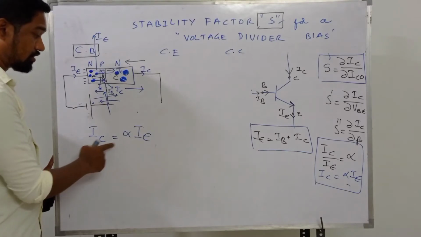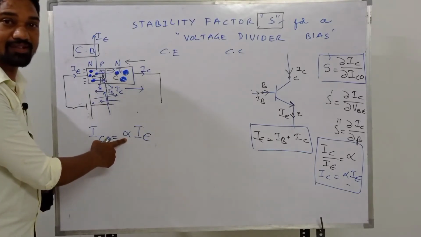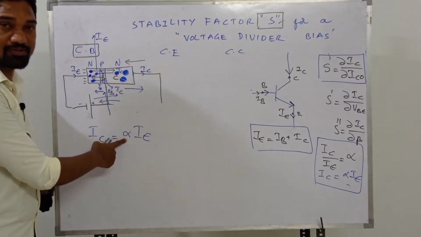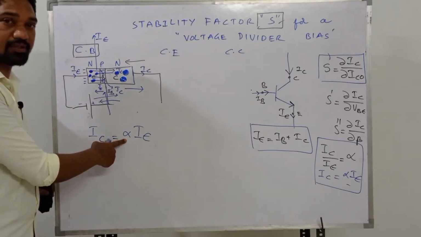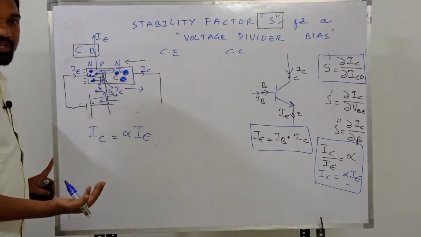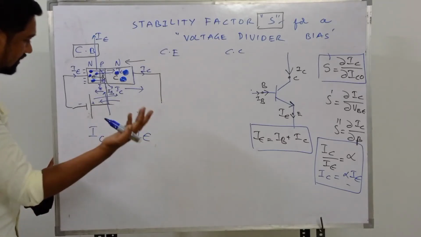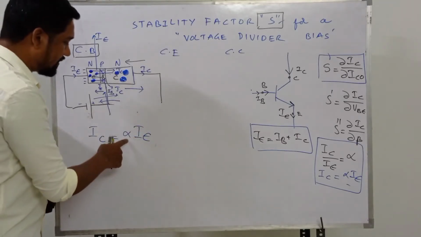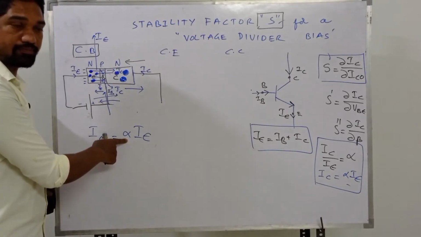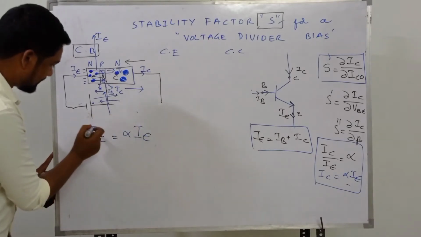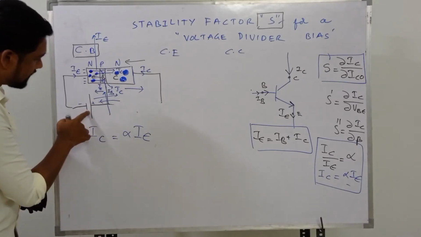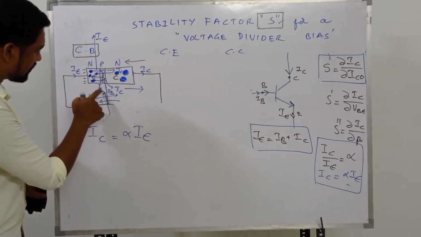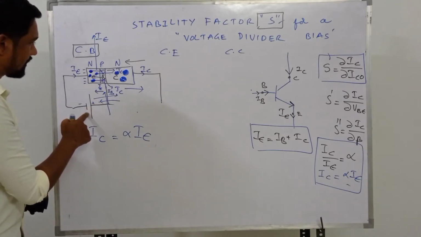This amount of emitter current becomes collector current. Guys, check, alpha is always less than unity. You will come across it while solving some problems. Beta value, in other configurations, will be very high, but alpha is always less than unity, right? This happens, IC is equal to alpha IE, because of this forward bias, because the emitter junction is forward biased, right?